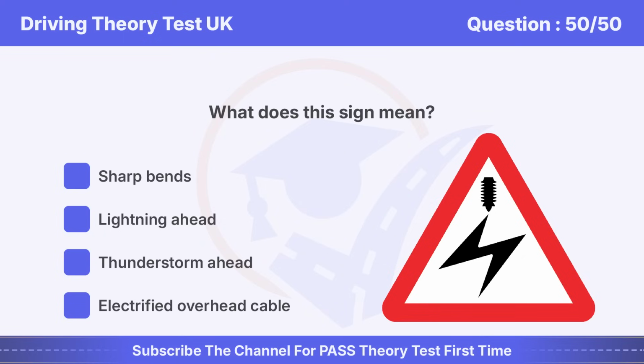Question 50. What does this sign mean? Option A. Sharp bends. B. Lightning ahead. C. Thunderstorm ahead. D. Electrified overhead cable.